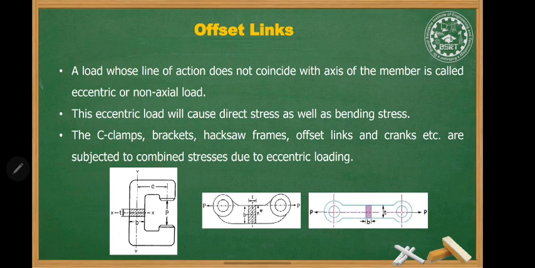Due to the effect of eccentric load, direct stress as well as bending stress are induced in the member. So the C-clamps, brackets, hexaframes, offset links and cranks are generally subjected to these combined stresses, that is direct stress and bending stress.